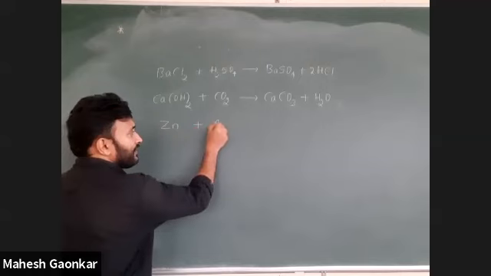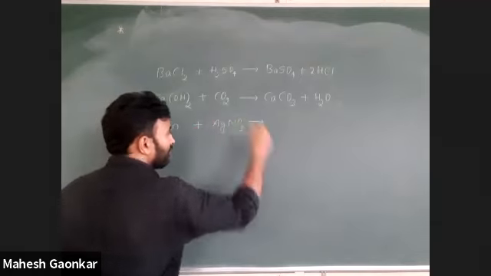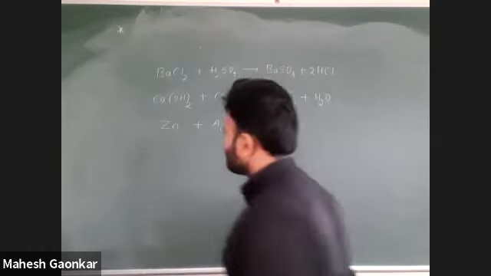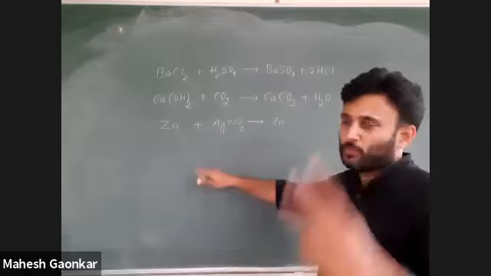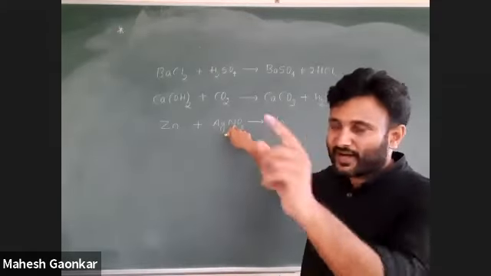Zinc plus silver nitrate, Zn plus AgNO3, gives zinc nitrate plus silver. What is the formula of zinc nitrate? Zinc charge is 2 plus, nitrate is NO3 minus, nitrate is a radical.